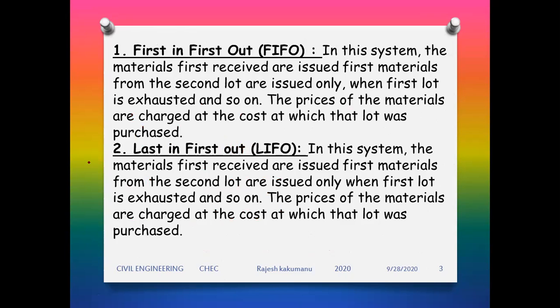First, what do we call the method FIFO? Here, first in first out means in the system the materials first received are issued first. Whatever materials are first received are issued first, from the first lot.